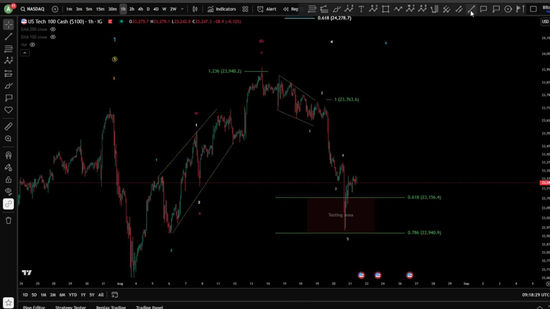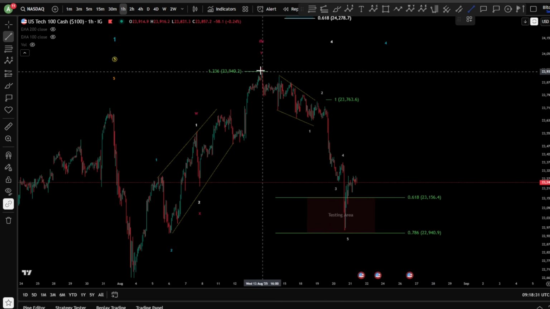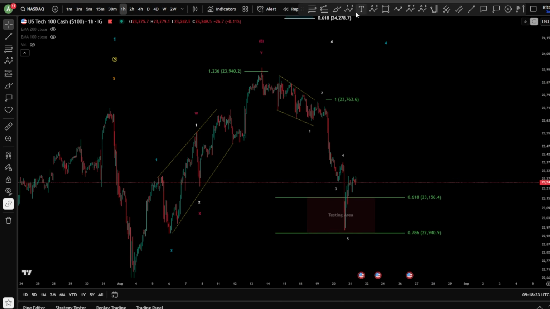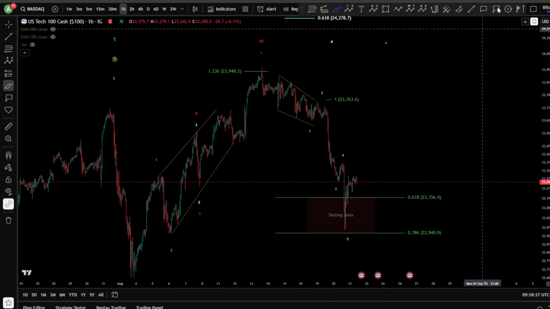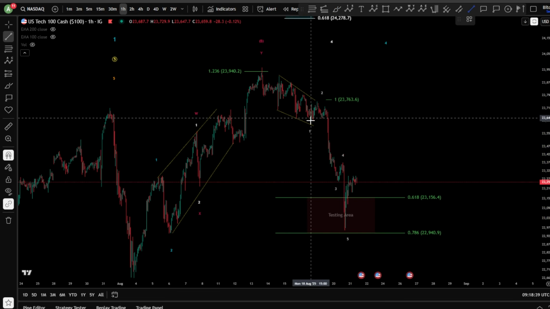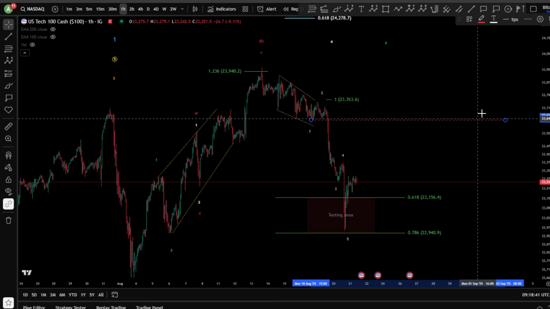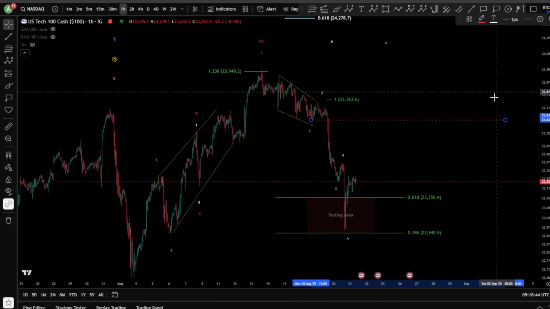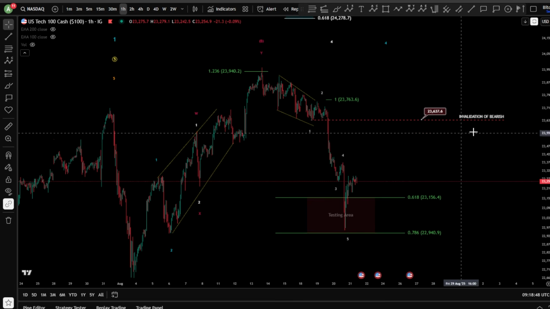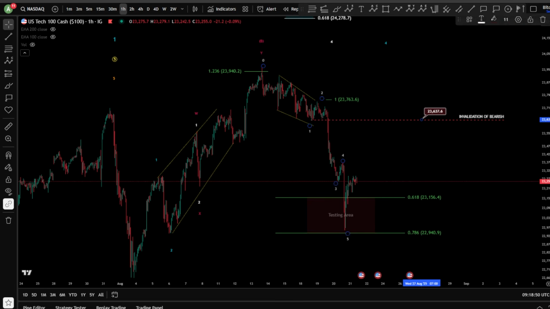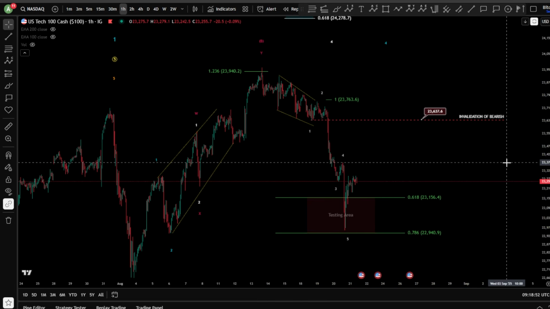So for invalidation, in case that this is 1, 2, 3 right now, you're looking at also 1, 2, 3, 4, and a 5. Let's say you might be in this scenario, an invalidation as well of bearish, which is around 23,637.